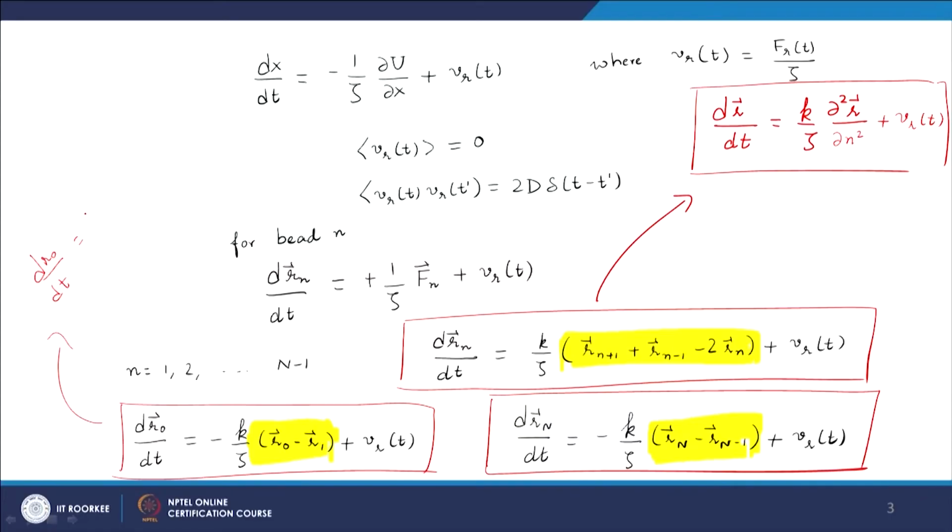Of course, I can write this equation for example as dr0/dt is like k by zeta ∂r/∂n plus Vr of t, where this derivative is computed at n equal to 0.